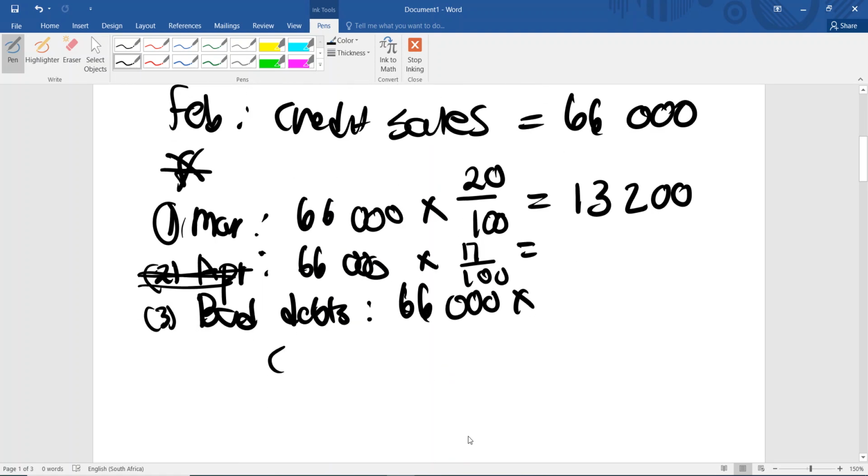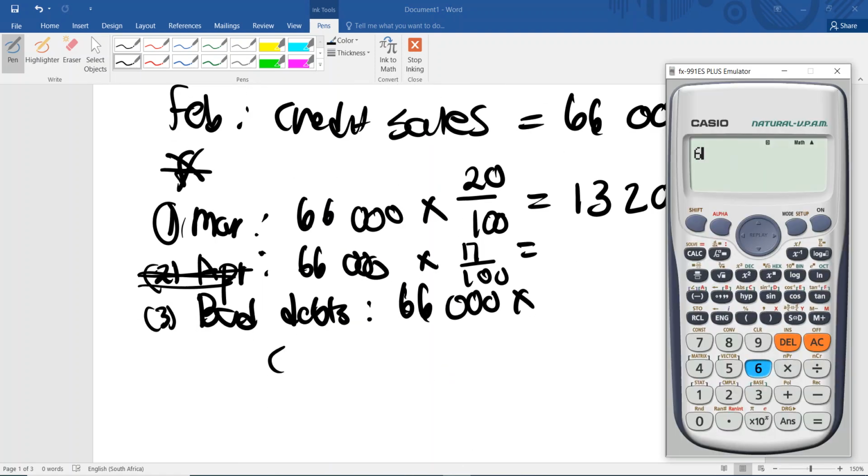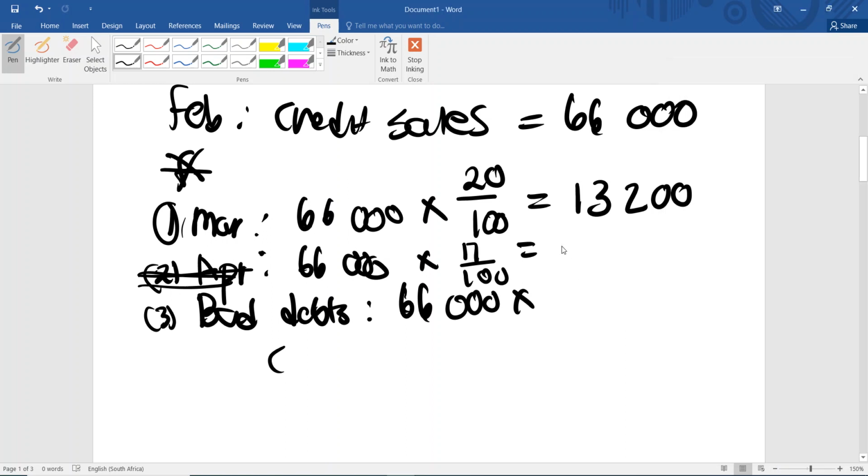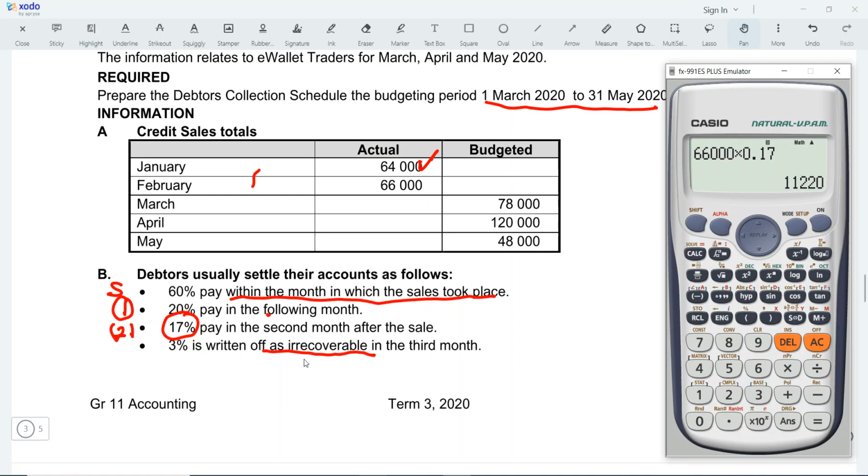Okay, so let's see, 66,000 multiplied by 0.17 is giving us 11,220. So we're going to write 11,220 here, and then we are going to calculate also our bad debts. Remember, it was 3 over 100, right, as shown here.